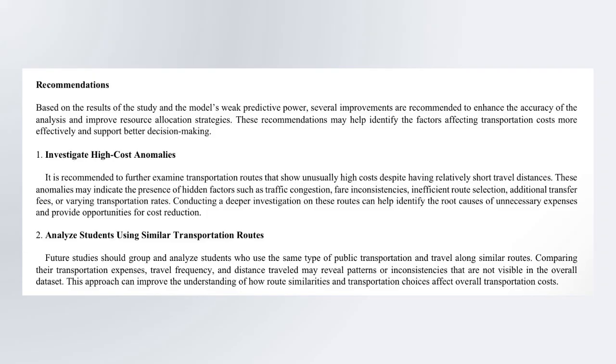These anomalies may indicate the presence of hidden factors such as traffic congestion, fare inconsistencies, inefficient route selection, additional transfer fees, or varying transportation rates. Conducting a deeper investigation of these routes may help identify the root cause of unnecessary expenses and provide opportunities for cost reduction.